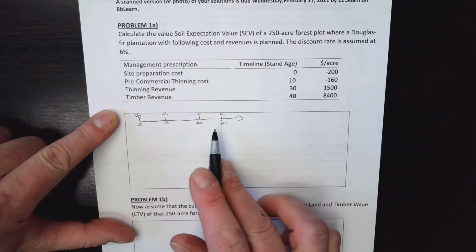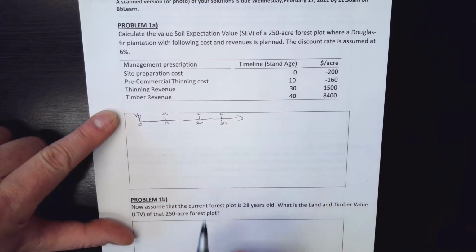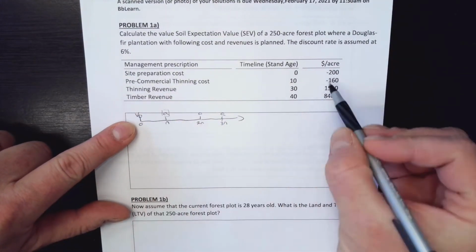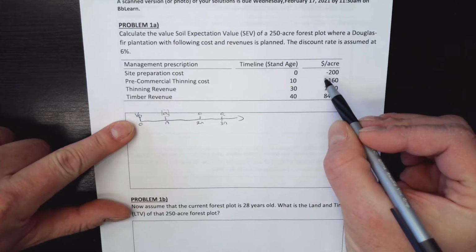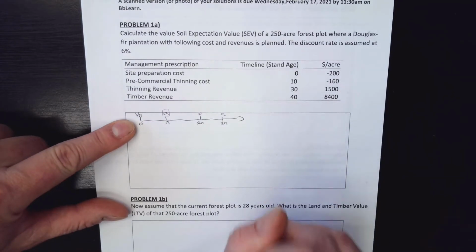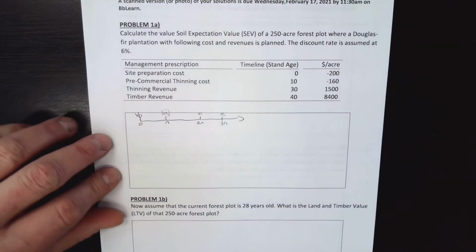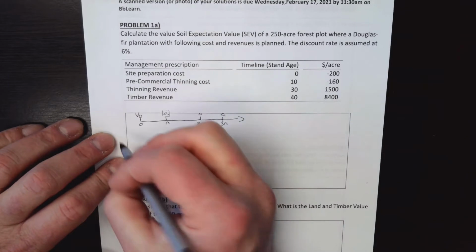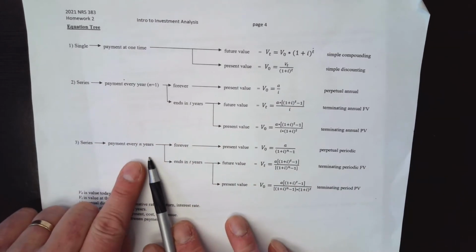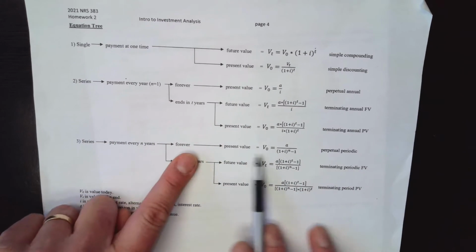And so like we did in that example, these are supposed to be even distances. Ignore that. We want to use maybe just what that A is. If we can crunch all of these into a single A first, we can then apply that perpetual periodic once and get to this answer. The equation that we're going to use eventually is a payment at every N years, so not every year, and it goes on forever.